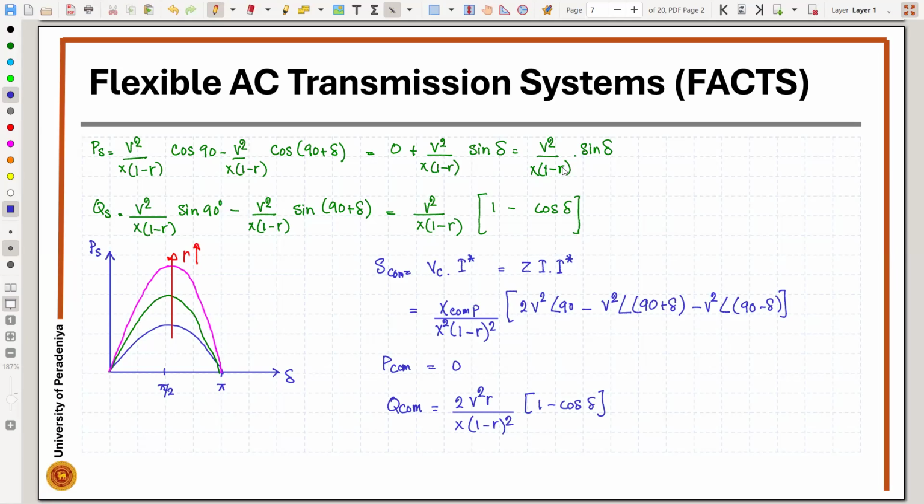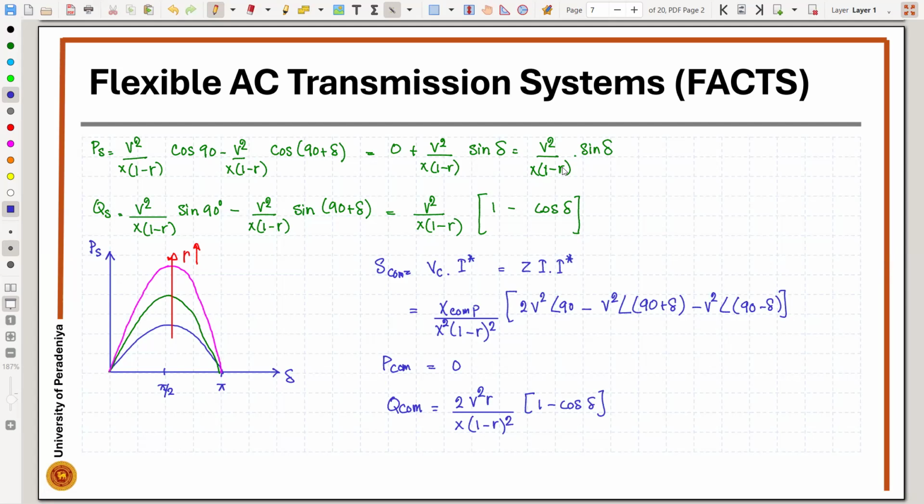So how are we going to do that? Are we going to use variable inductors? If that is the case, how are we going to control the variable inductor? Are we going to use variable capacitors? And if so, how are we going to do it? Or do we have an alternative method for that?